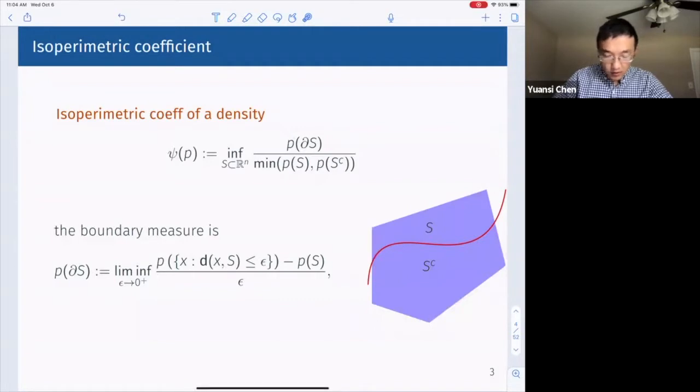We partition the convex set into S and S complement, look at the boundary measure and take the ratio. Then when you take the infimum over all subsets, you get the isoperimetric coefficient. So if your set has some kind of bottleneck, then the isoperimetric coefficient will be small. Well, if your set is roundish, the isoperimetric coefficient will be large. Okay.